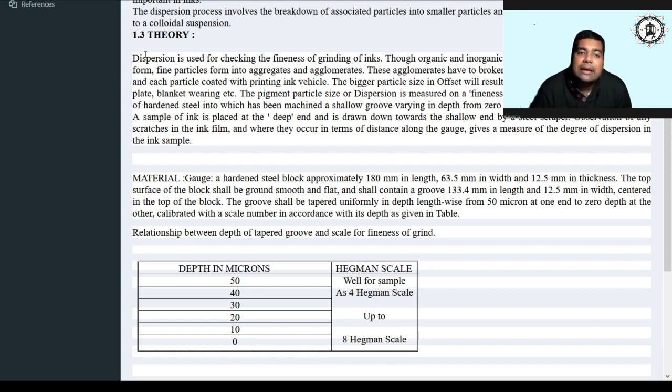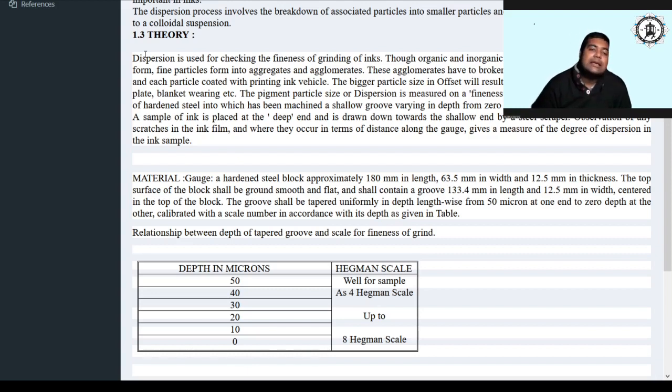A sample of ink is placed at the deep end and drawn forward towards the shallow end with a steel scraper or blade. Observation of any scratches in the ink, and where they occur in terms of distance along the gauge, gives a measure of the degree of dispersion in the ink sample.